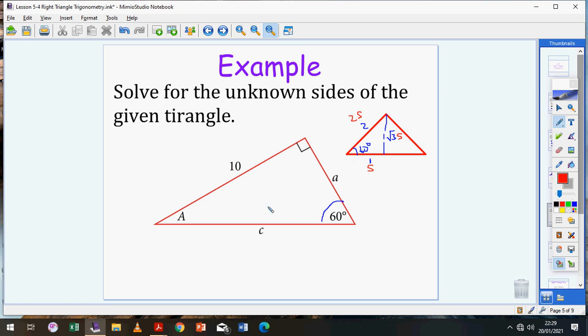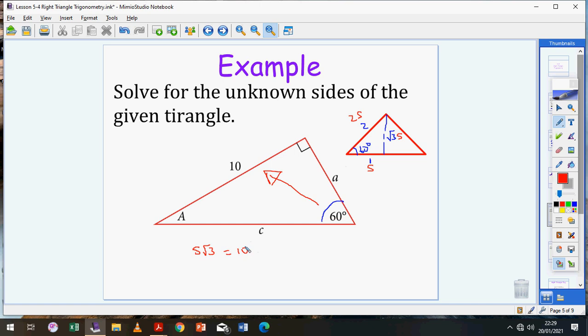So in this triangle that we've been given the height, I hope you can see that this is the height, the side that's opposite 60 is s multiplied by root 3. So I know that s multiplied by root 3 must equal 10 in this triangle.